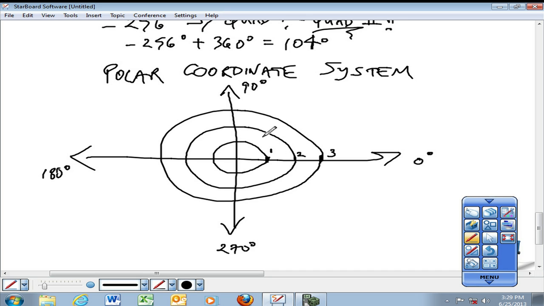Now take a look. We've got some fun stuff here. Let's say we've got a little dot out here. This little dot definitely has a home. It's residing here, and it has, in fact, 2 types of addresses.